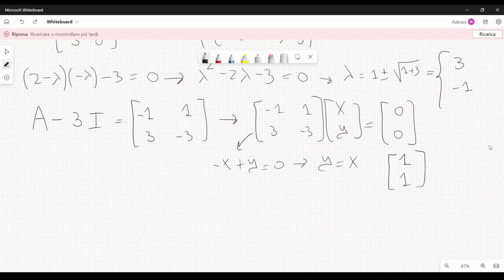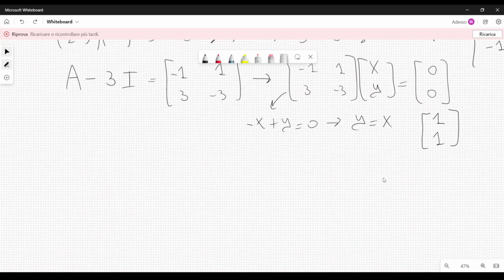We need another eigenvector associated with the other eigenvalue. So the other eigenvalue is lambda equal to minus 1. So we have A plus I, which is equal to 3, 1, 3, 1.